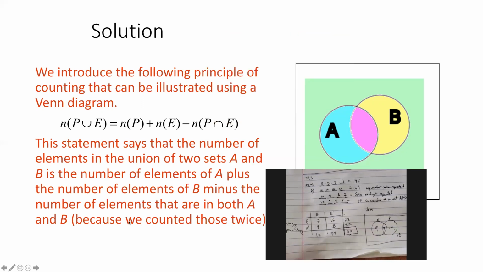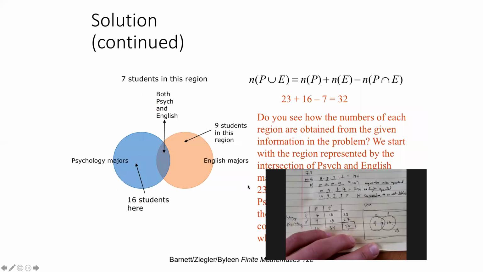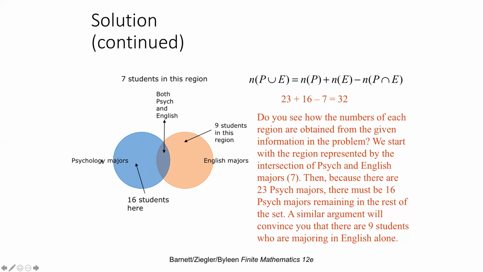If we go here, actually, we'll just use this slide here. The number in psychology or in English is going to be equal to the number in psychology plus the number in English minus the number in psychology and English. So in English grades, we have 23 that are in psychology, 16 are in English, and we have 7 that are in both. And that'll give us the 32 that'll be in psychology or English.